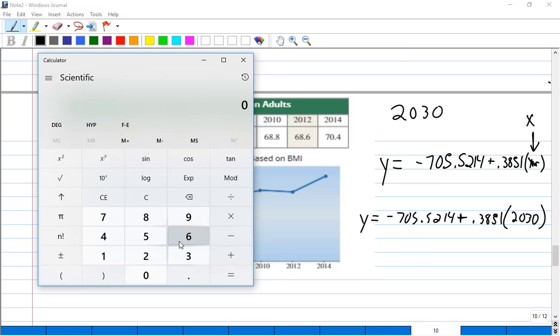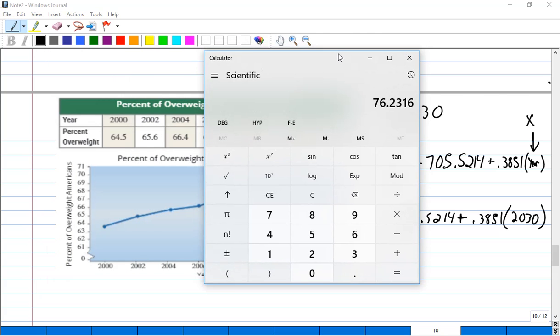All right, 2030 times 0.3851 minus 705.5214. So according to this model, about 76% of American adults will be obese by that time. Let's hope that doesn't happen. Let's hope that people take better care of themselves.